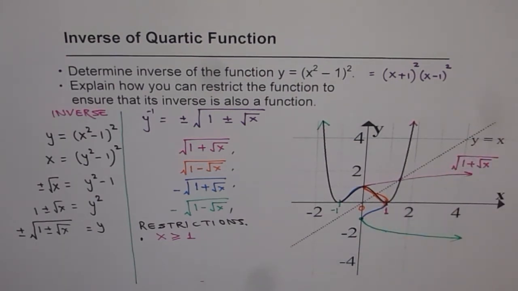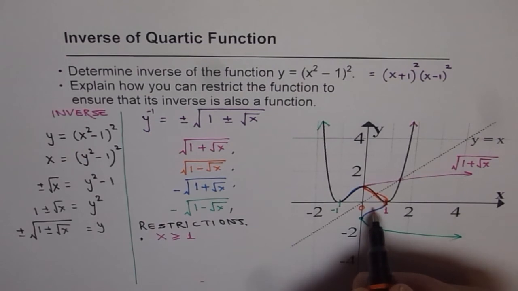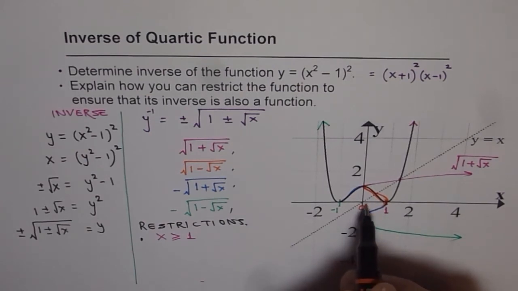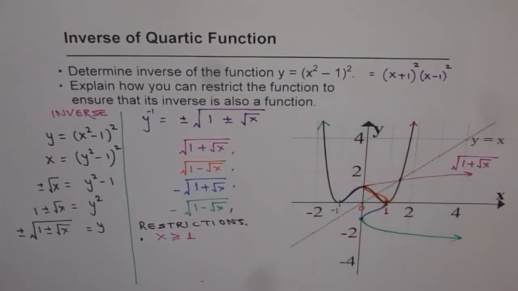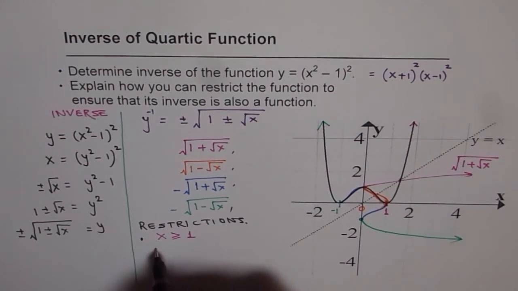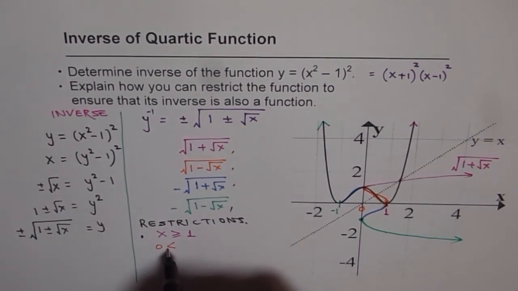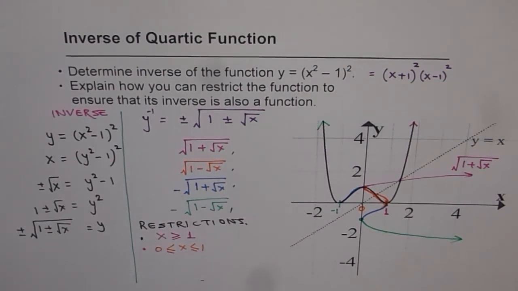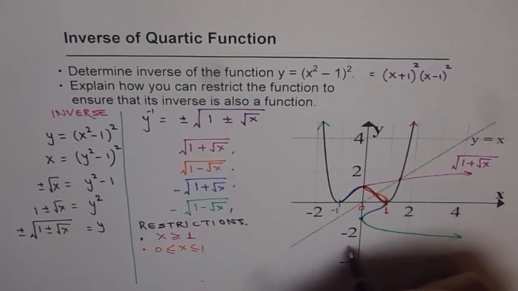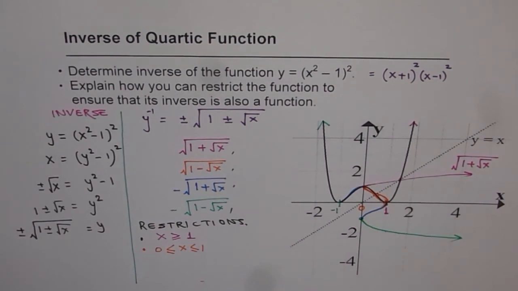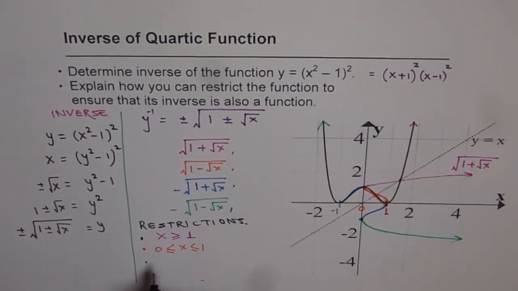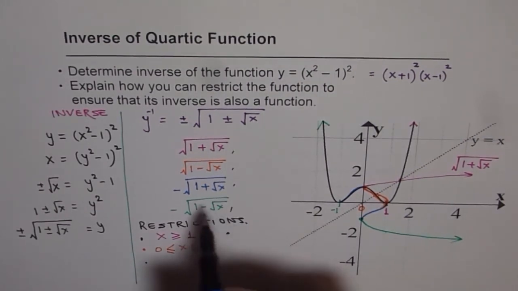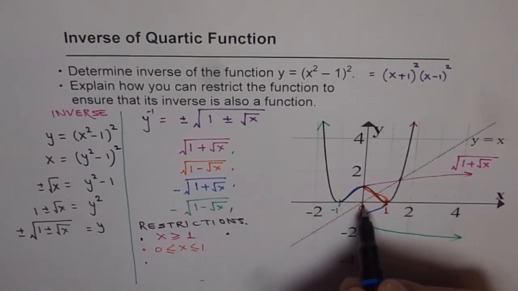The other restriction is that we can have the domain between 0 and 1 of our function. So we are restricting the domain of the function, right? So we say, well, x is greater than or equal to 0 but less than or equal to 1. So that is the next part, right? Or we could restrict the domain of the function as, let me write down here, from minus 1 to 0.